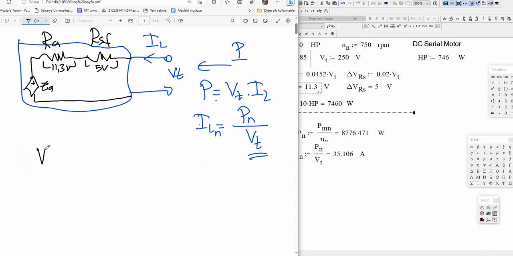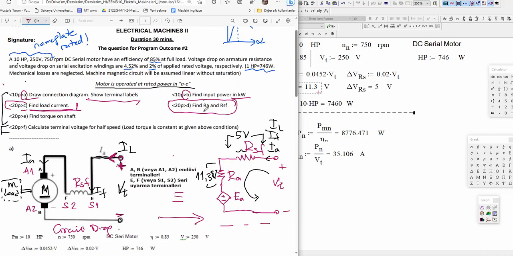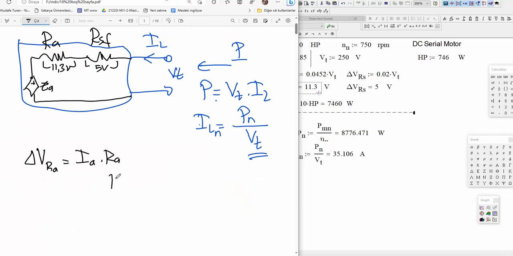So the voltage difference across the armature resistance is equal to armature current times armature resistance. In the question, armature resistance is asked. So armature resistance is equal to the voltage difference across the armature resistance over the armature current. Let's calculate.